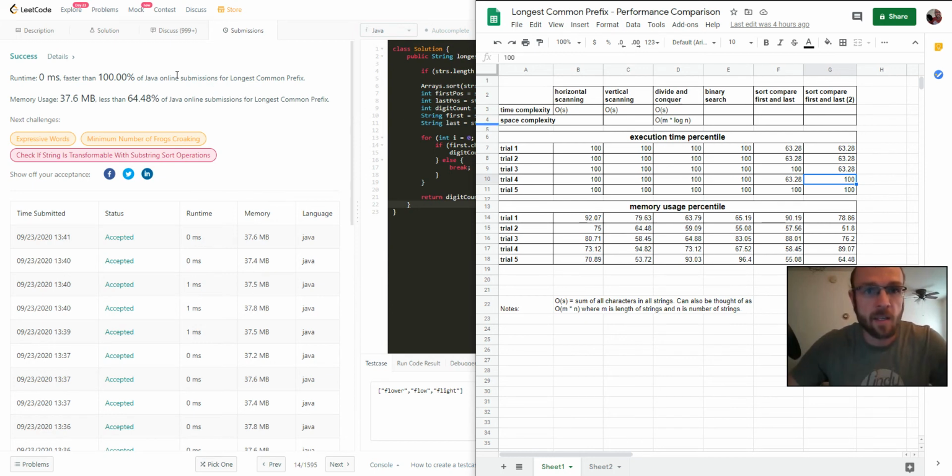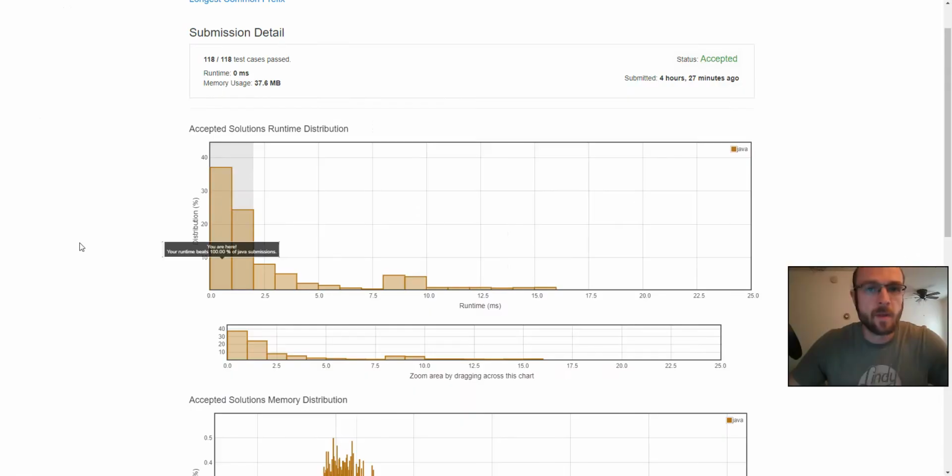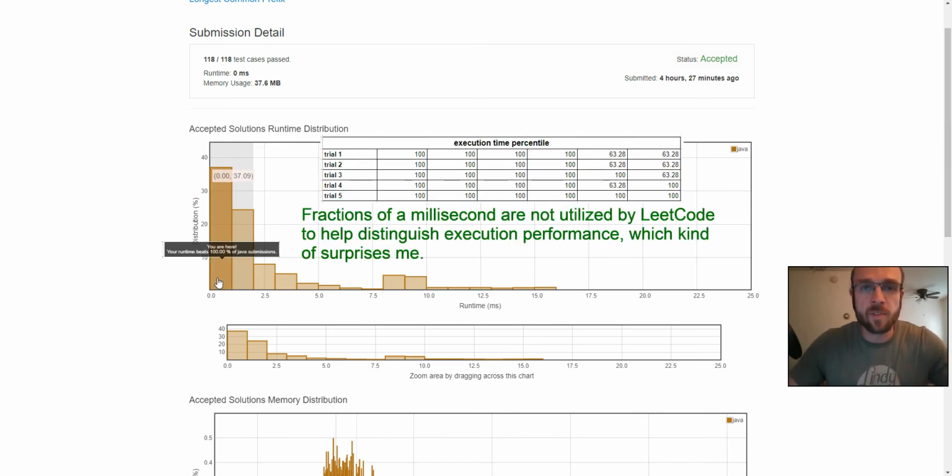And I think it's made a little bit more clear when we take a look at the details. And here we can see the buckets of our distribution from 0 to 1, and then 1 to 2, 2 to 3, and so on. And so essentially, what we can see here is from 0 to 1 is where all 4 of the solutions that are given by LeetCode exist.